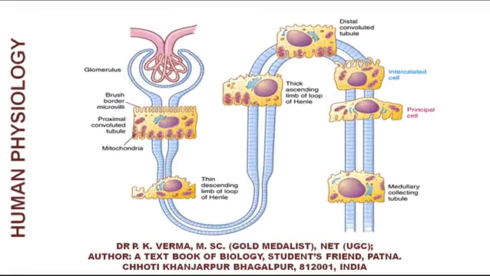In different parts of the nephron, the cells have different structures. Here is the Bowman's capsule. The inner wall is very thin, made of squamous epithelium, similar to the wall of the blood capillaries.